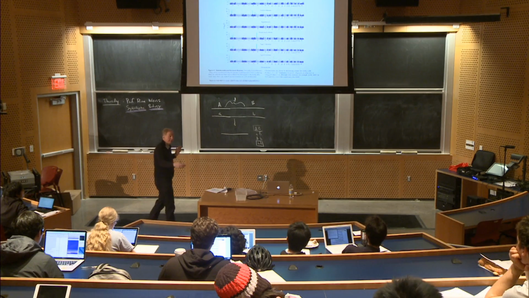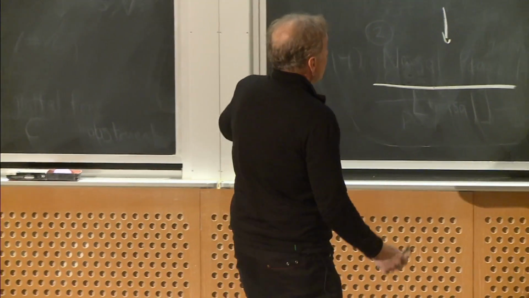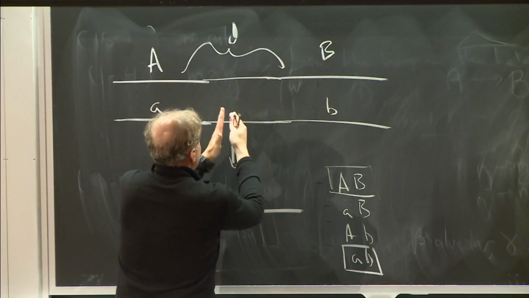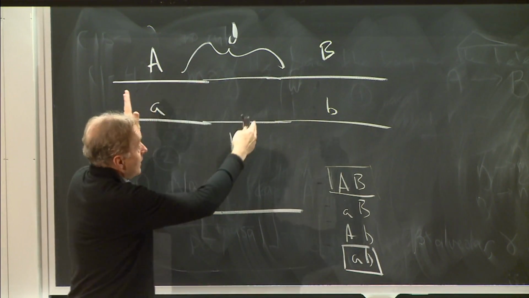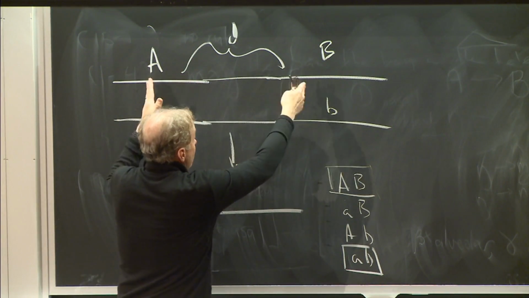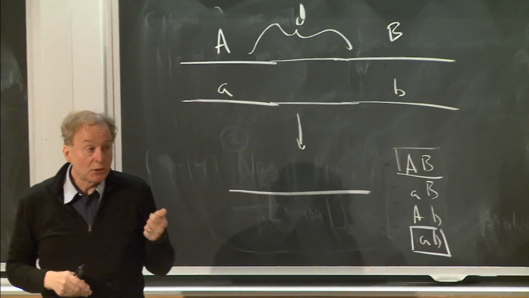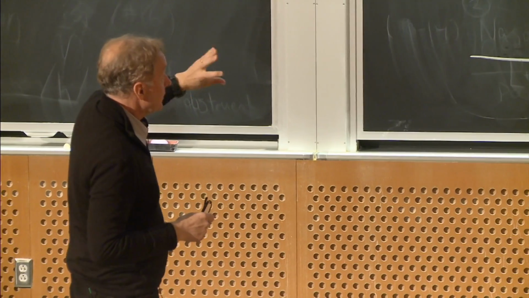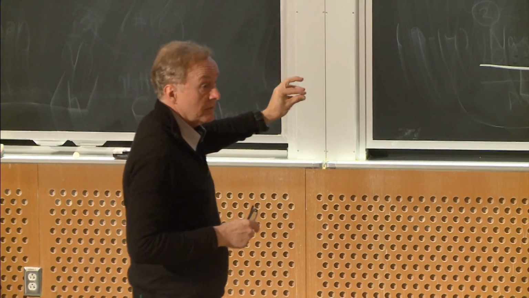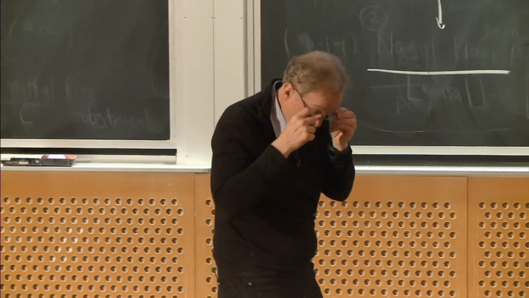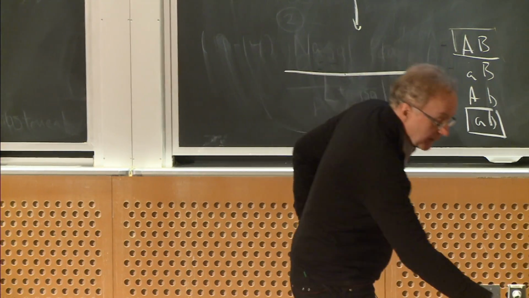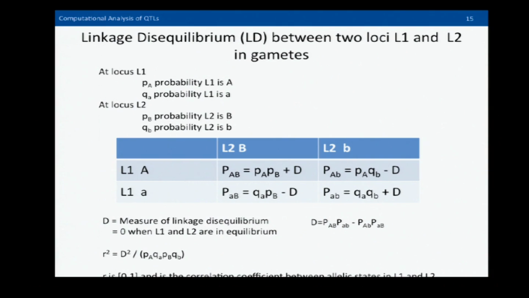Okay? So if these markers are very closely organized along the genome, the likelihood of a crossover is very small. And therefore, they're going to be in very high LD, right? And a way to measure that is with the following formula.